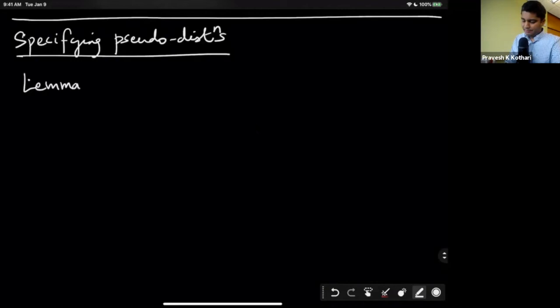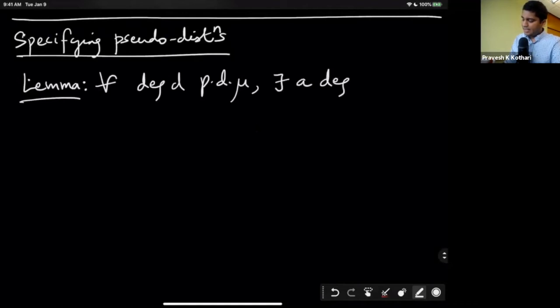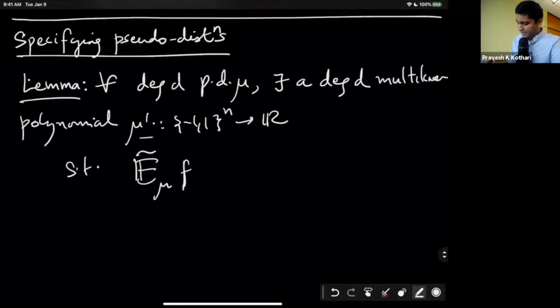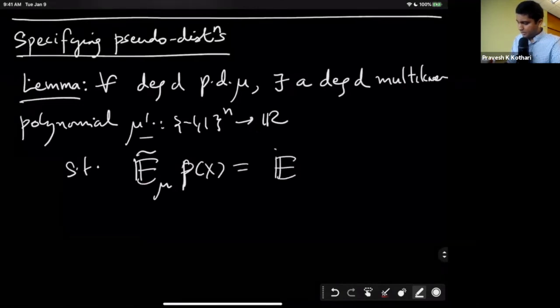Lemma: for all degree d pseudo distributions mu, there exists a degree d multilinear polynomial, let's call it mu prime, such that e twiddle of mu for p equals e twiddle of mu prime for p, for all p of degree at most d.